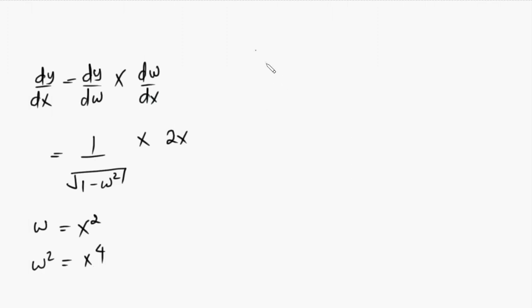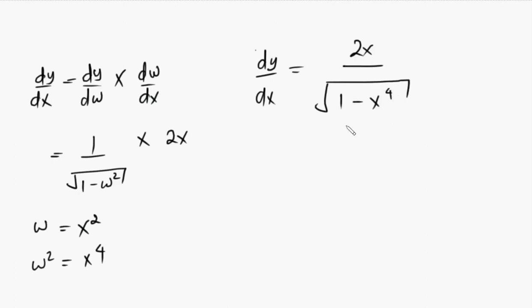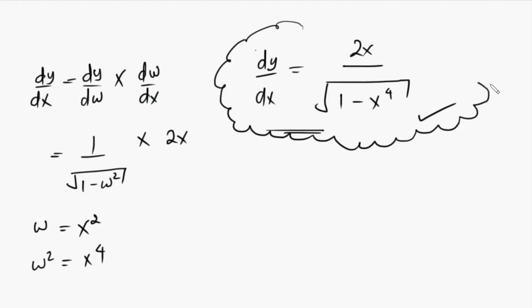So my dy/dx is equal to 2x times 1, which is 2x, over the square root of 1 minus x power 4. You see? So that is the derivative for the inverse of sine. So that is one example I have done, and this is the answer I get.